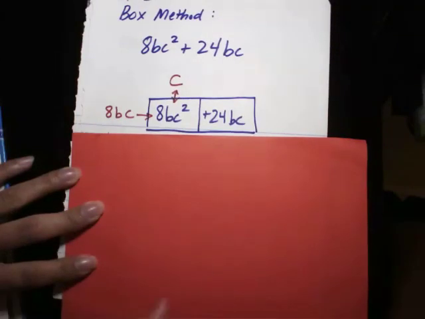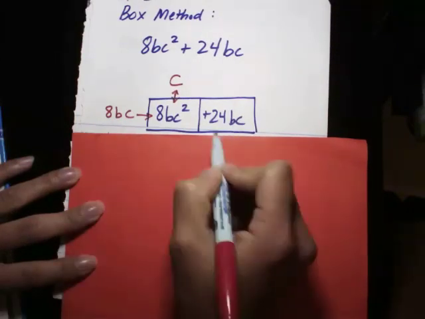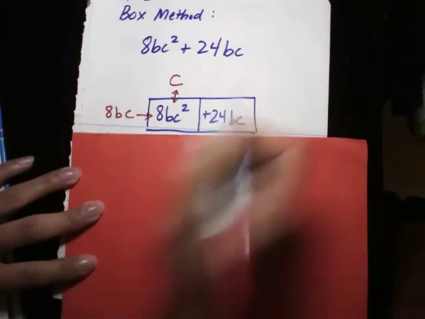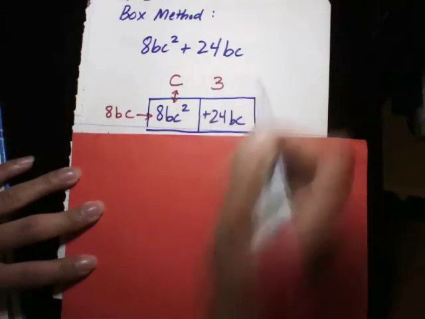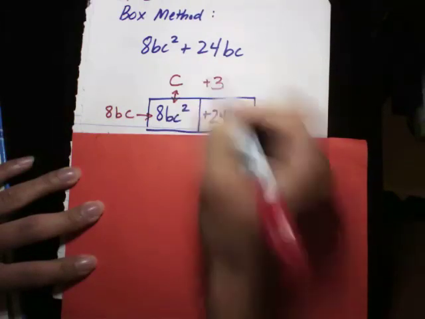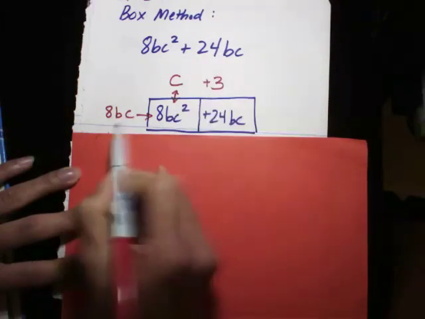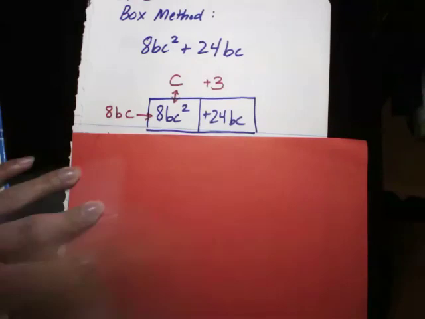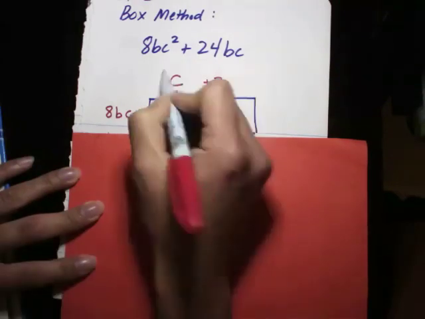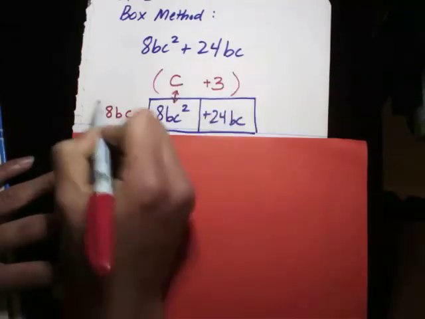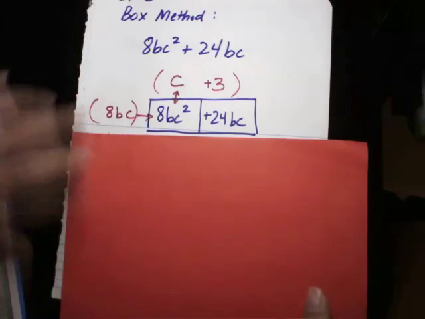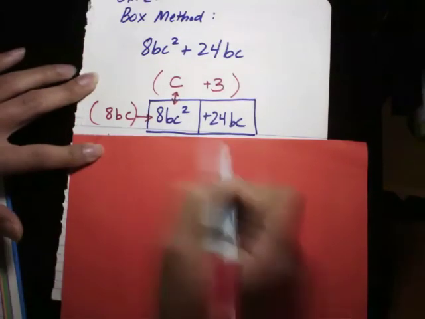If we factor out an 8, we'll have 3 left, a positive 3. A b is accounted for and a c is accounted for. This would be our binomial, and this would be our monomial. They're both factors of what we have in our box.